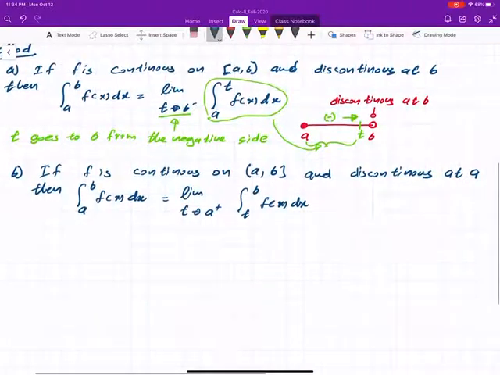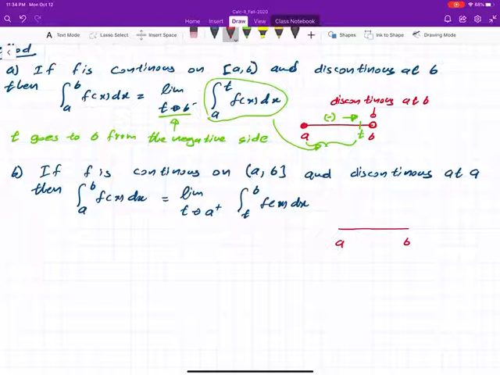Okay, let's understand this scenario. Now you have a like this and b like this. This is discontinuous at a but continuous at b.